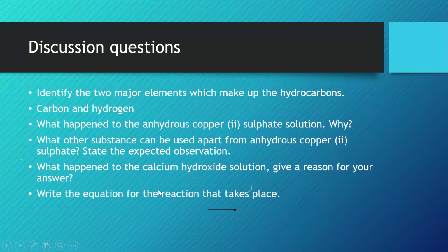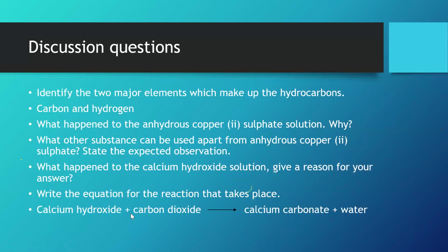Okay, and then the equation for the reaction that took place for this question here. We have calcium hydroxide plus carbon dioxide to give us calcium carbonate and then water.